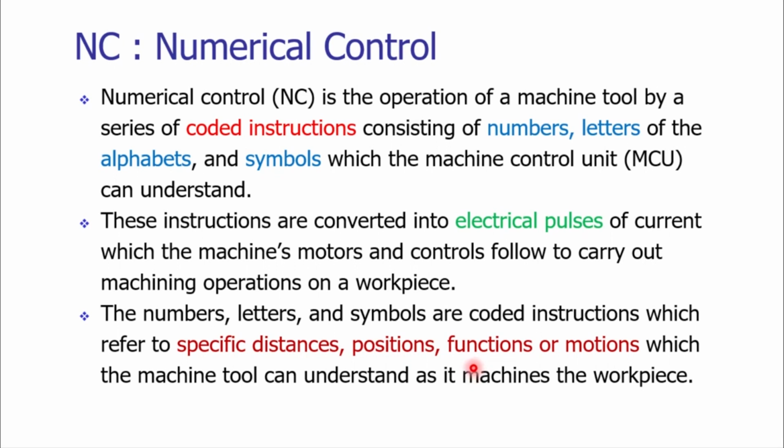Many functions need to be carried out, such as coolant on, coolant off, door open, door close, and change of the cutting tool. These coded instructions are written in a format which can be easily understood by the machine tool, and easily developed or written by the programmer or the end user.